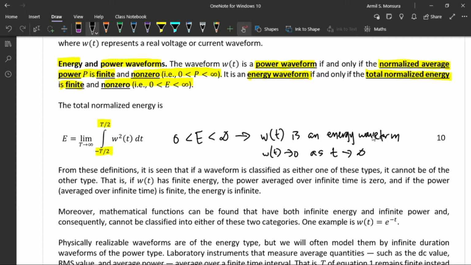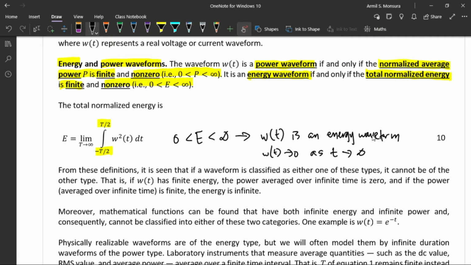So the energy of a waveform becomes finite and non-zero when its values approach zero as t approaches infinity.